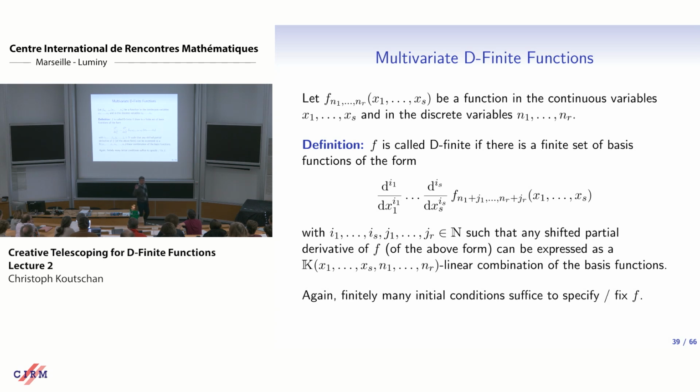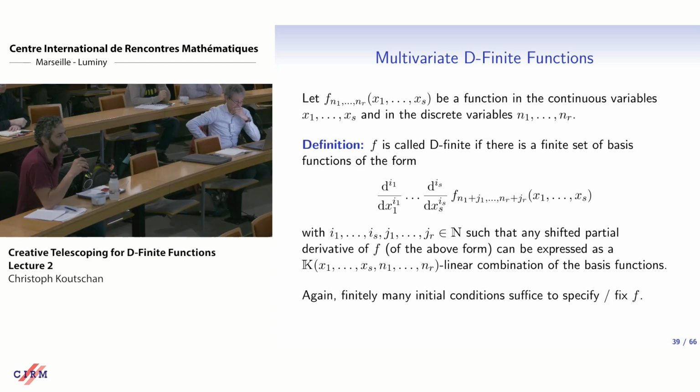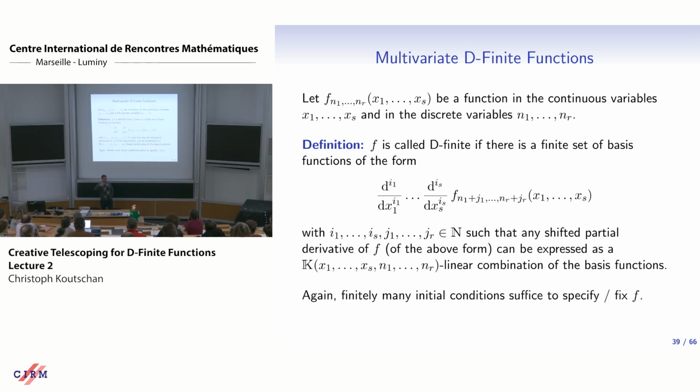So here I'm only talking about linear equations, not polynomials or differential algebraic equations, and that makes things much simpler. So this is a special case. The nice thing here is that you have a finite basis of solutions, which is not anymore the case in the more general case.